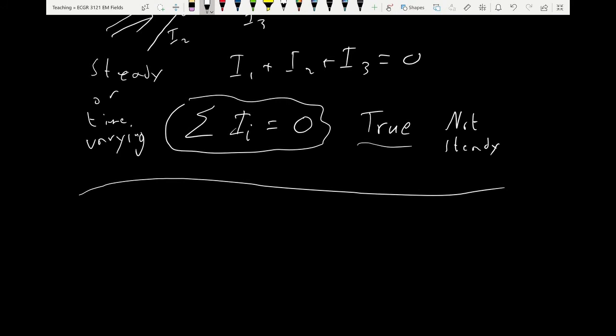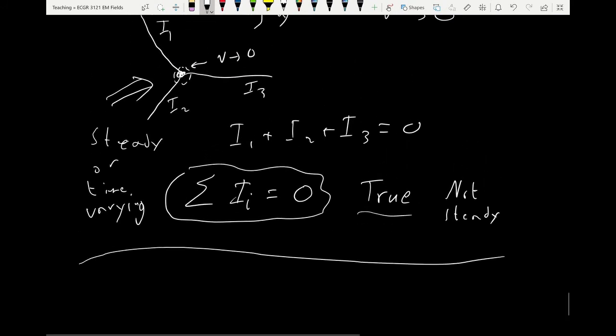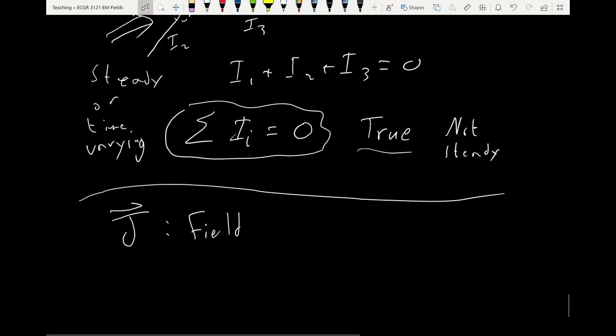Okay, that's Kirchhoff's law. Notice sometimes when I'm talking about J, I'm looking at J as a field, right? It is something that's vectorial, that's distributed in space. In a similar way, we could look at rho v as a field.